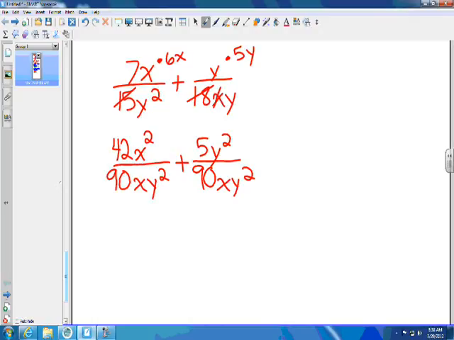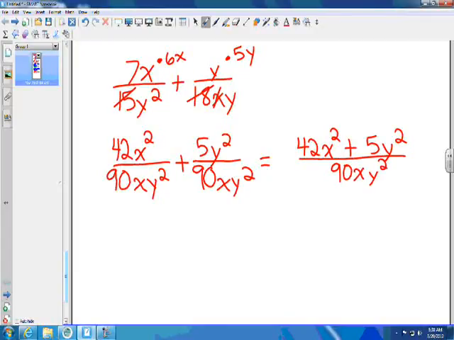No. They're not like terms, but what you do in the last step is write it as one fraction. 42x squared plus 5y squared over 90xy squared. That would be your final answer there because you can't actually combine.